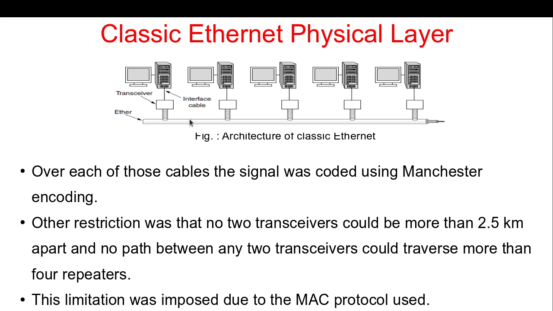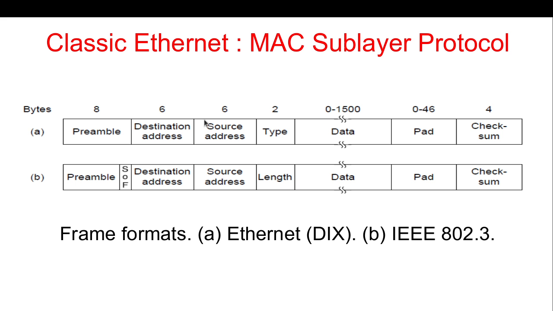We know that the repeaters were used to increase the length for connectivity, but those restrictions were there. This is because of the MAC protocol used there, that the limitation was necessary.